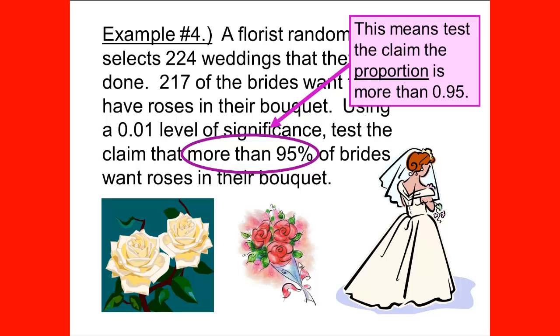It says test the claim that, and then it says more than 95%. This means that the claim is on the proportion is more than, and we need to change the 95% to a decimal of 0.95. We need to change it to that decimal, and then we're ready to proceed.